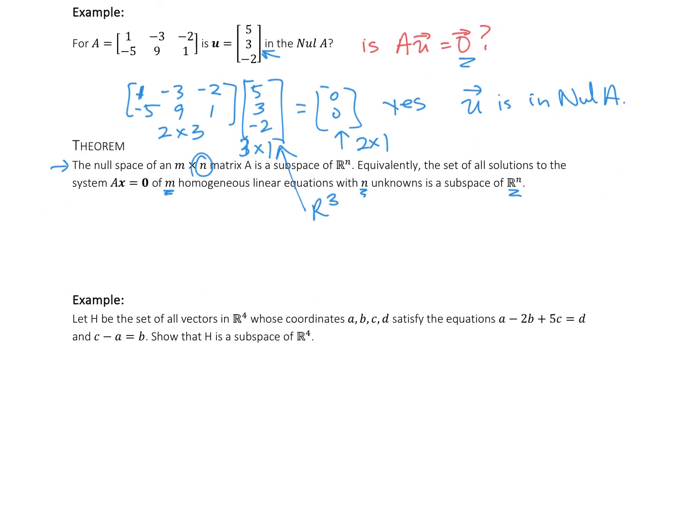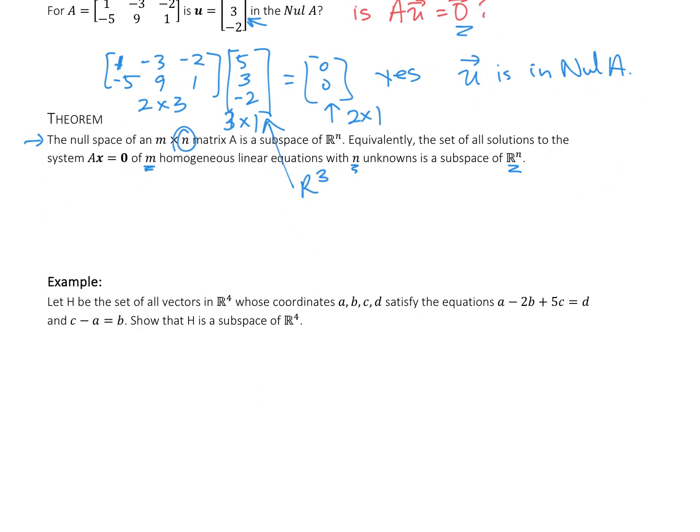Okay. We're going to let H be the set of all vectors in R4 whose coordinates a, b, c, d satisfy the equations a minus 2b plus 5c equals d and c minus a equals b. So using this theorem, we want to show that H is a subspace of R4.